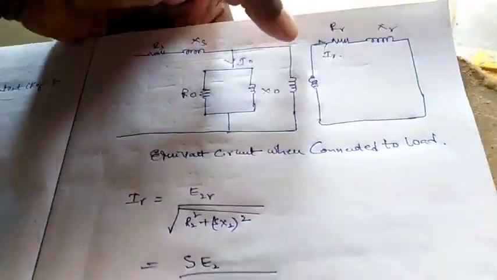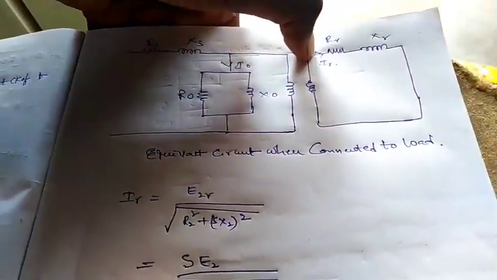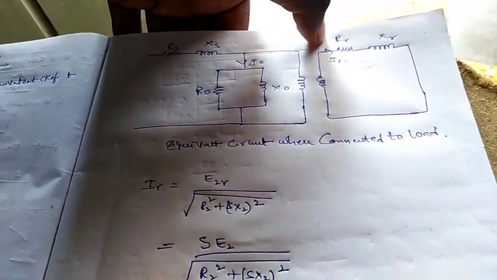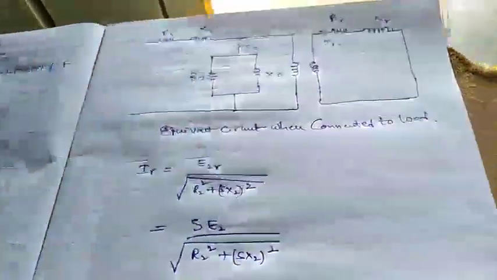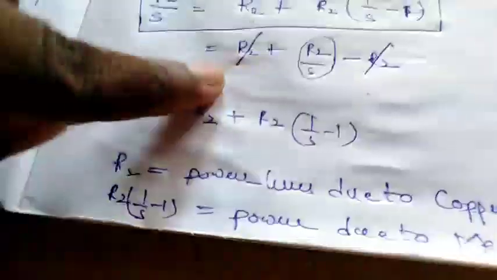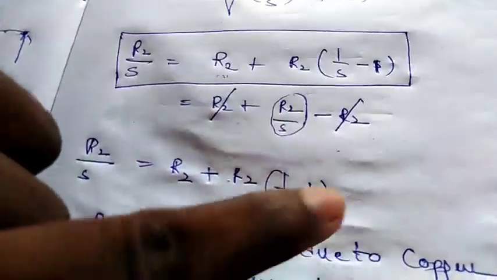That means we can represent the rotor reactance and rotor resistance here. The resistance part R can be replaced with R2 plus R2 (1 by S minus 1). So redraw the circuit diagram.